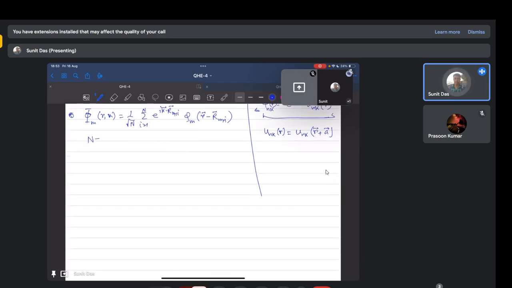N is basically the number of unit cells in the system. So I'll have some particular dimension of material, and then I need to count the number of unit cells, and r m I is the position of the m-th atomic orbital.